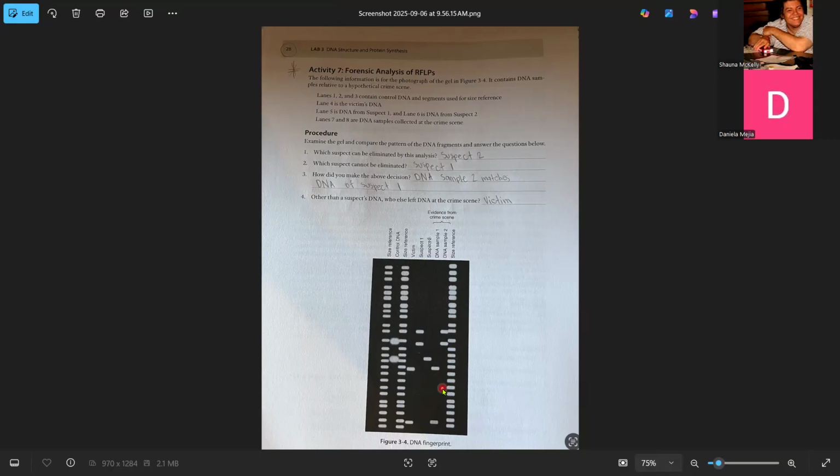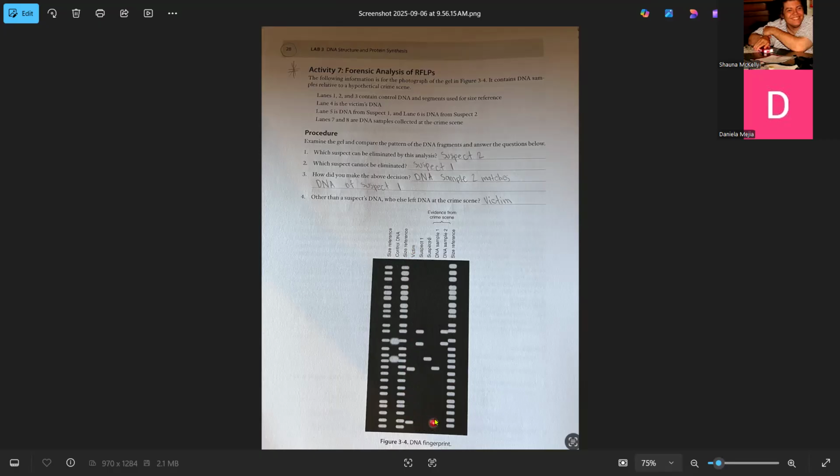So which suspect can be eliminated from this analysis? Well, if we look at the victim's DNA, which is right here, this is the victim's DNA, right? It has a match with this, and it has a match with this one, right?